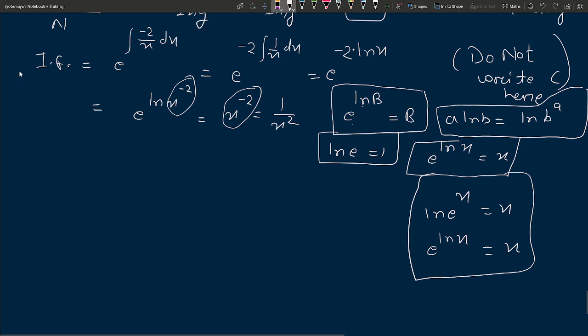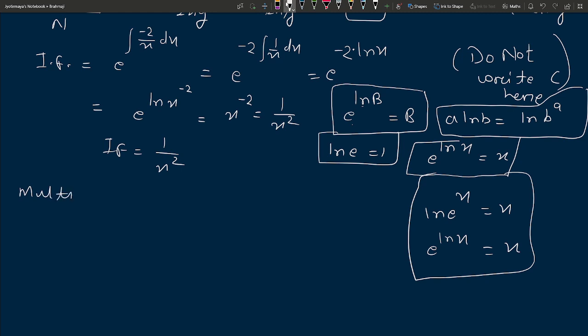E to the power ln something is something, so x to the power minus 2. So the integrating factor is 1 by x square. Now multiply equation 1 by the integrating factor 1 by x square.